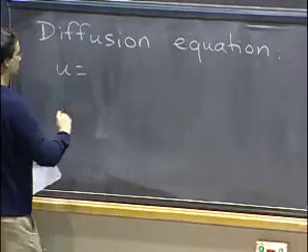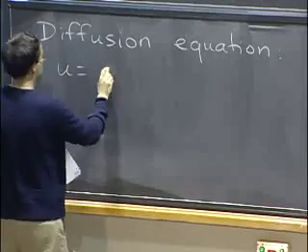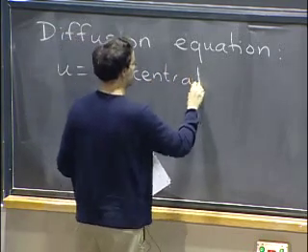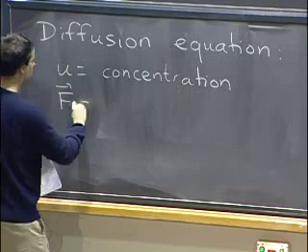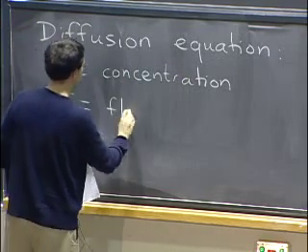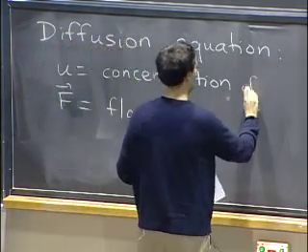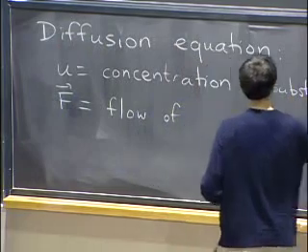So the unknown in this partial differential equation is a function that we call u that corresponds to the concentration of some substance. And we used a vector field that represents the flow of whatever the substance is with diffusion we're studying.